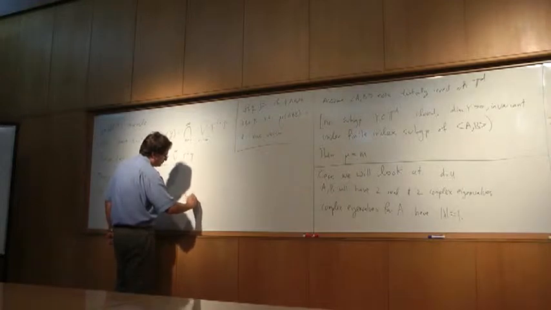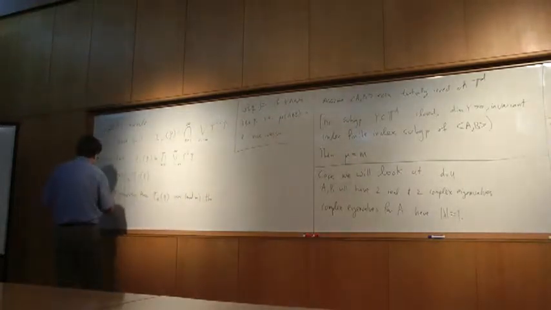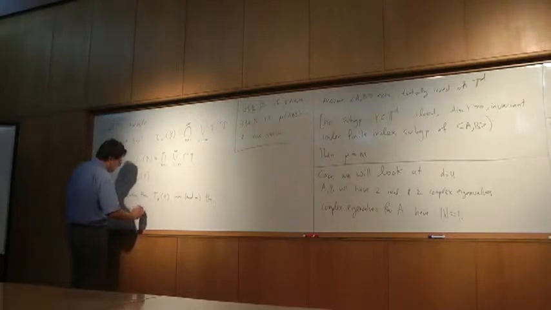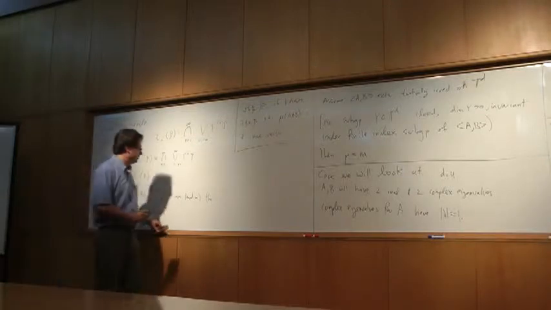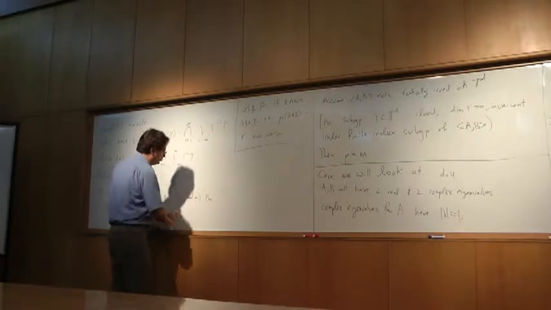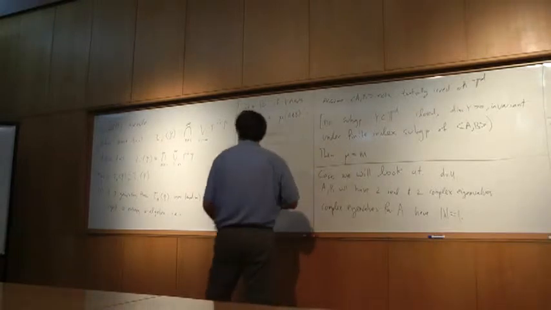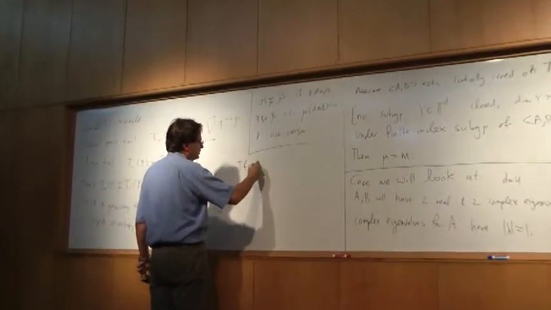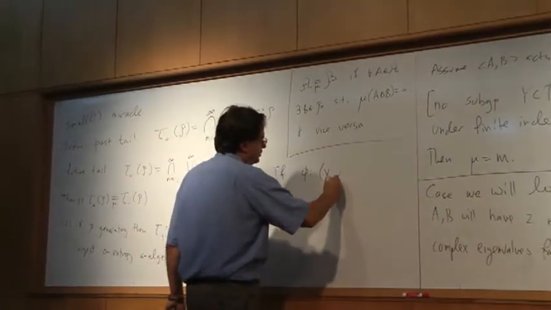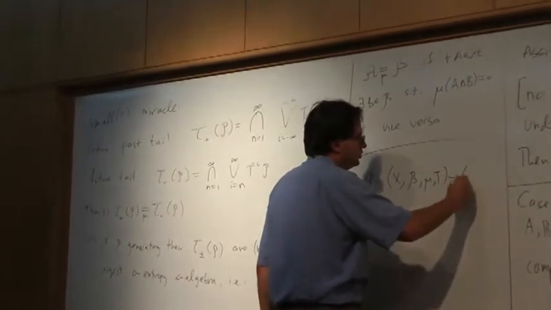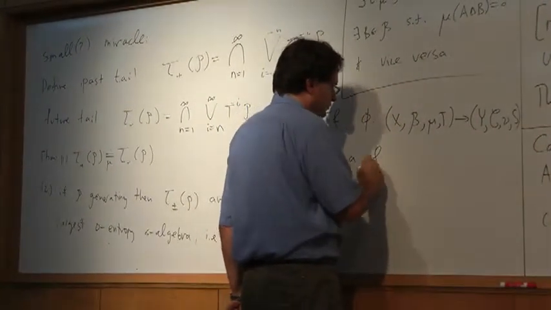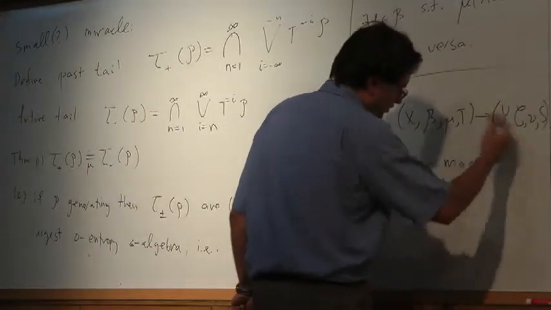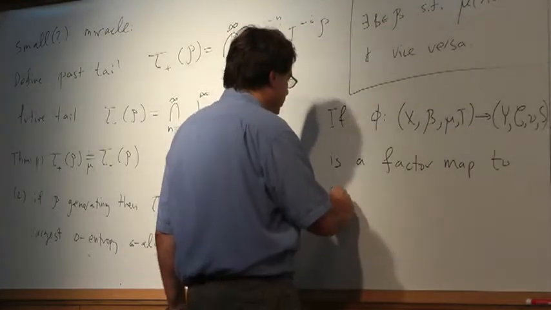the largest zero entropy sub-sigma algebra, by which I mean, to be more explicit, if I have some factor map phi from (X, B, mu, T) to (Y, C, nu, S), a factor map to some, let's say, standard Borel space.